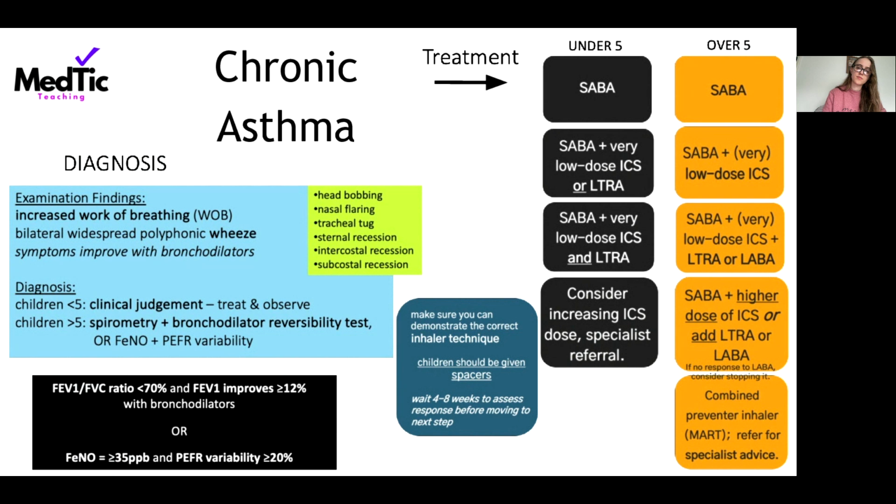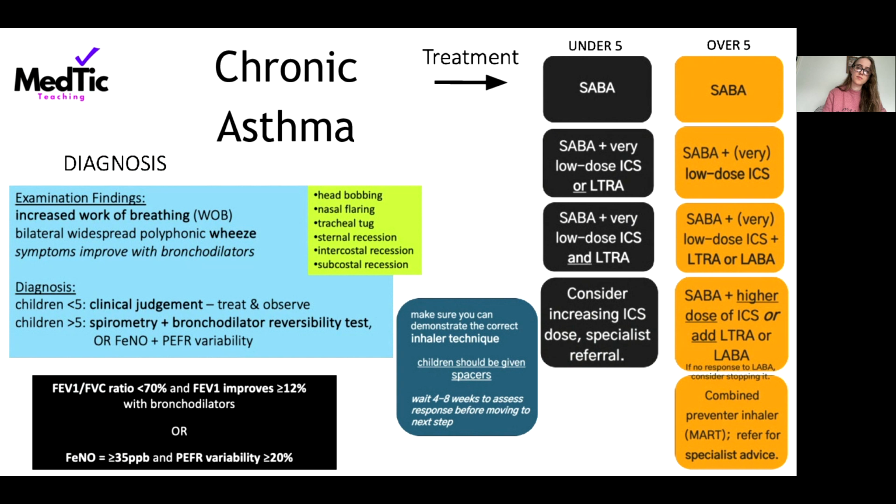I've put the 2 ladders here, one for the under 5s and one for over 5s, which is pretty much the same as the adult ladder. It's good to learn examples of brands as well, because we always prescribe inhalers as the actual brand as well as the constituents.